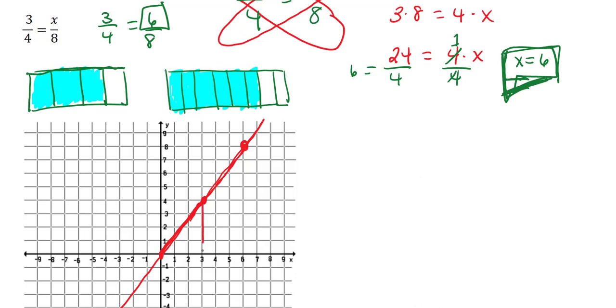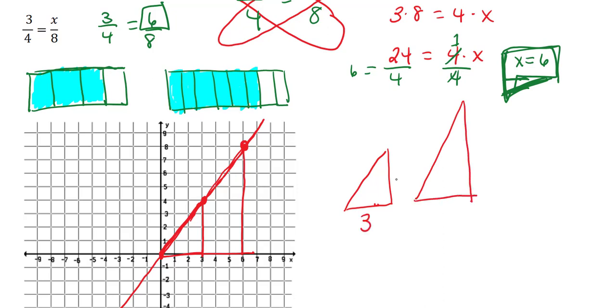Another way we can look at it is through, say, triangles. If we were to redraw these triangles, what we notice is that with 3 out of 4 and 6 out of 8, this one's just twice as large.